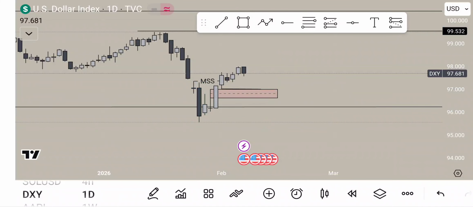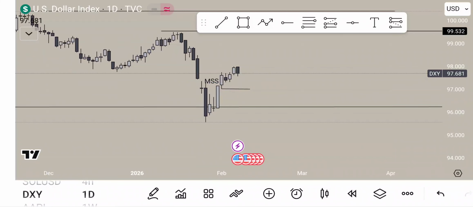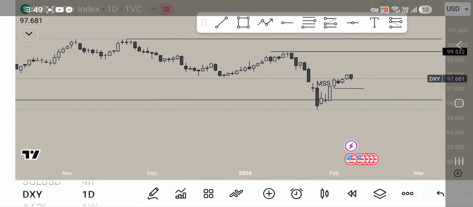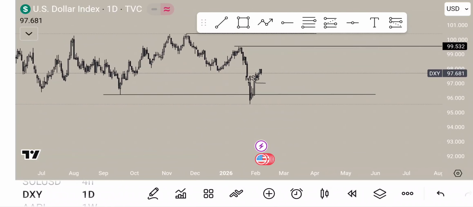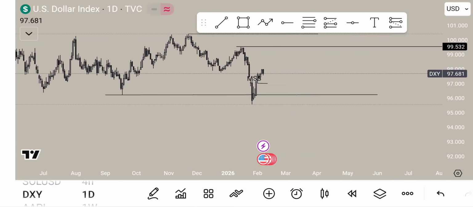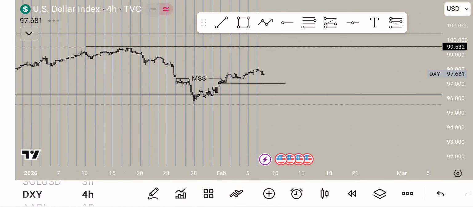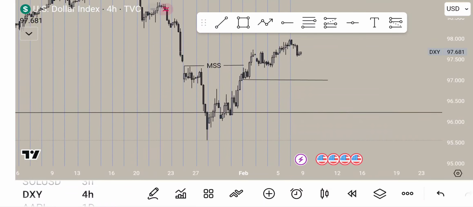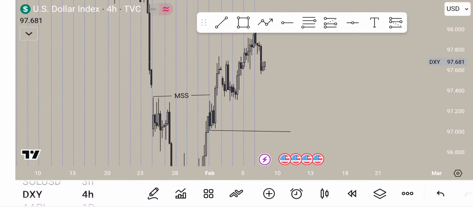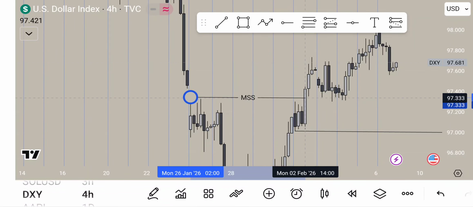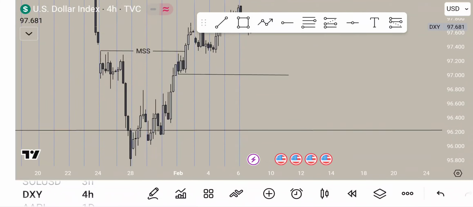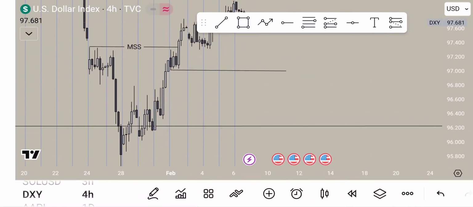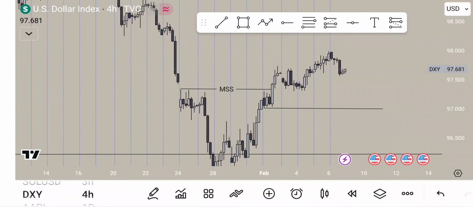Let me delete this because I am an intraday trader. I take my trades from the 4 hour. So I'll go down to the 4 hour time frame, and it still aligns. This is where I mark my market structure shift in the daily.